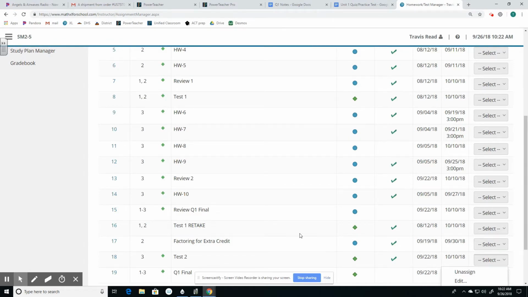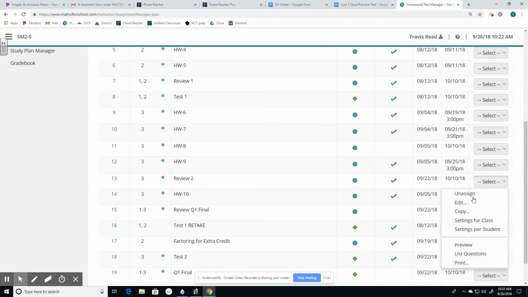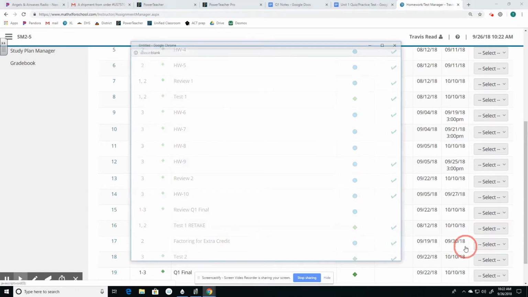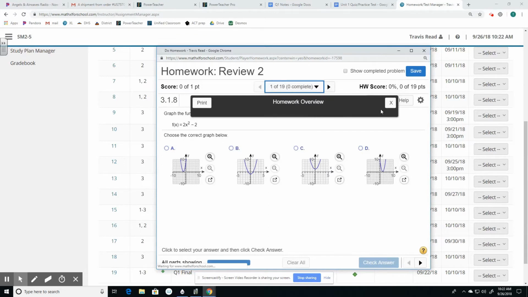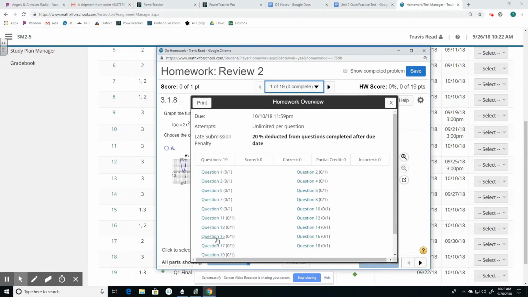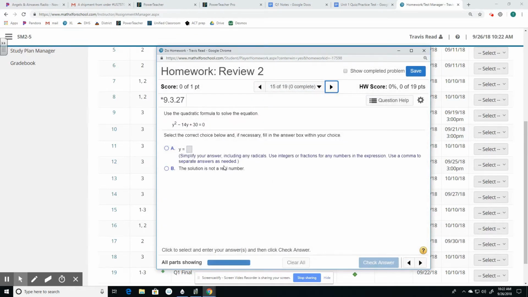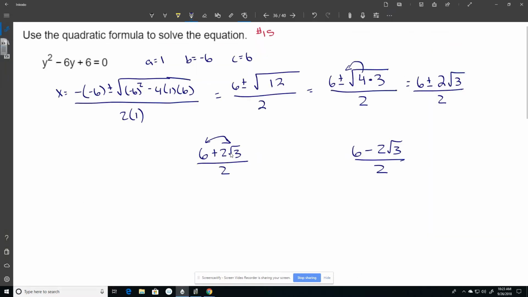Or not test. What are we doing? We're doing the review. So let's do review, preview. And I want to go to number 15. And it says, simplify your answer including radicals. Use integers or fractions. Or in other words, I cannot get the decimal. When I do this math in my calculator, I'm going to get a decimal. It does not want the decimal.